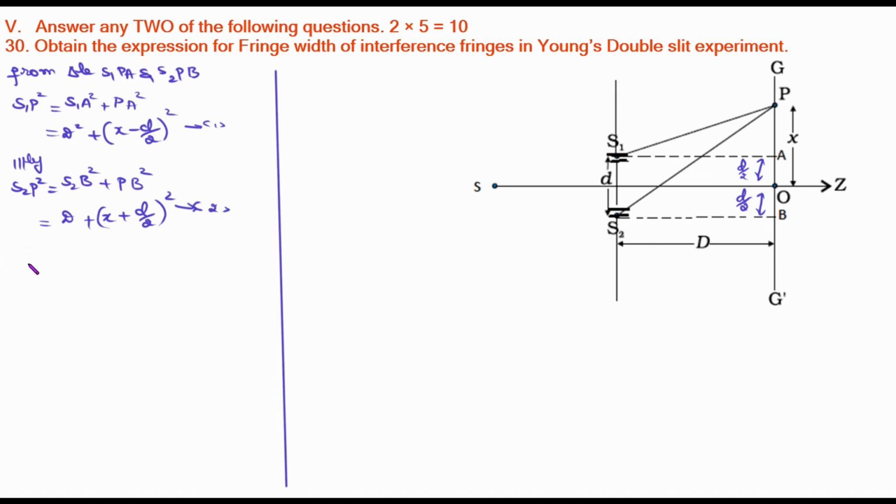I'll write 2 minus 1. Doing the subtraction, S2P square minus S1P square is equal to D square plus x plus d by 2 whole square minus D square plus x minus d by 2 whole square. Now simplify it.